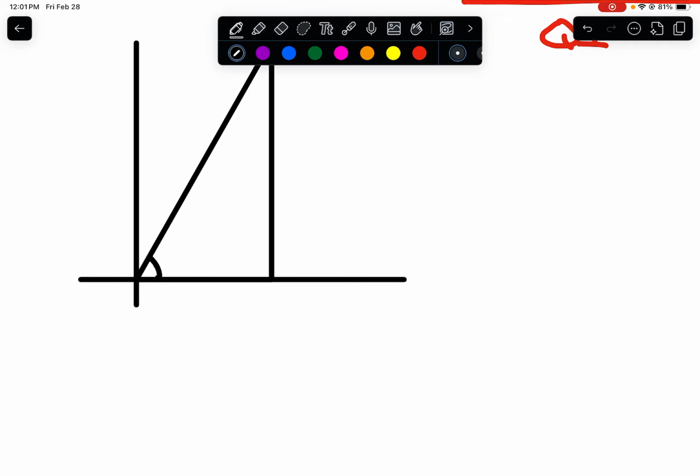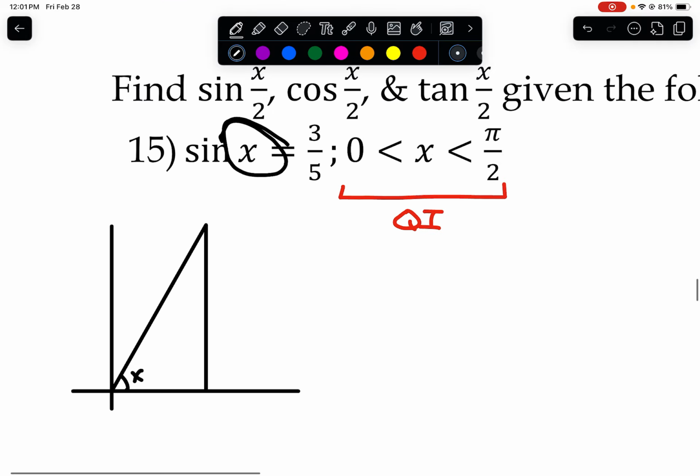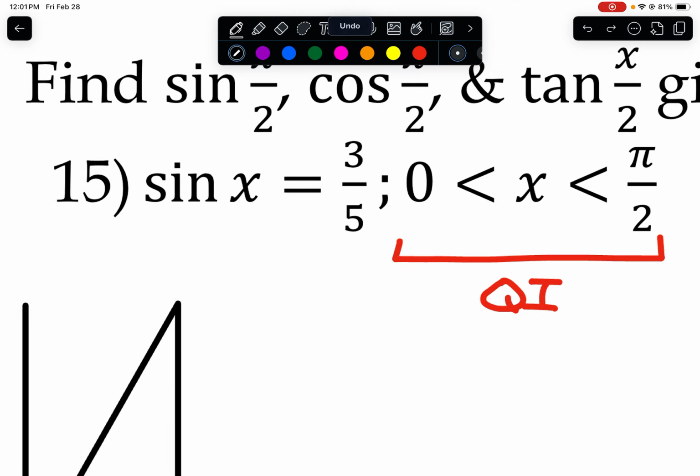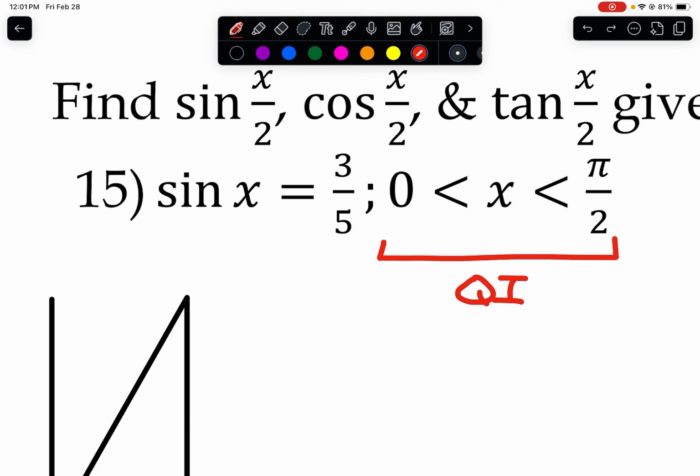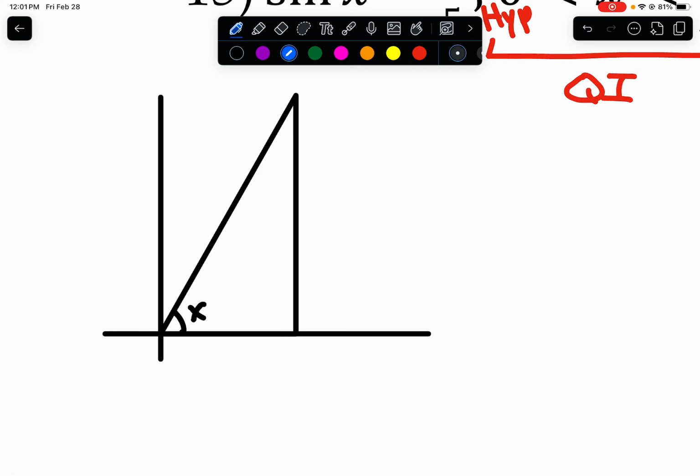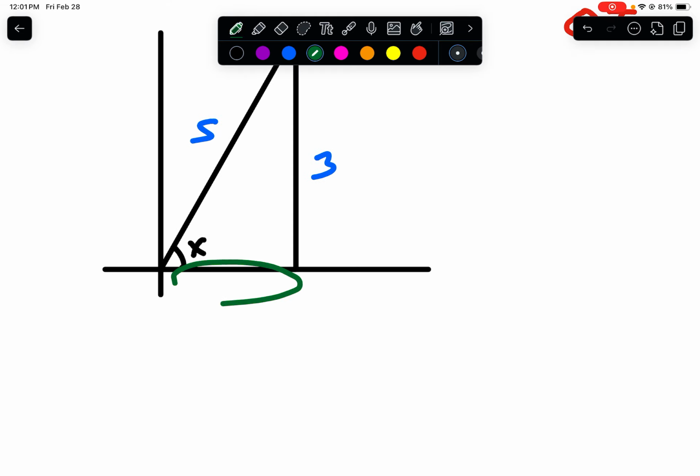So my angle is x, which is from your actual problem here. And then we're given sine is equal to 3 over 5. I know this is the opposite over the hypotenuse for your trig ratios. So opposite will give me 3, and the hypotenuse will give me 5. And then you can do the Pythagorean theorem to find your missing leg.